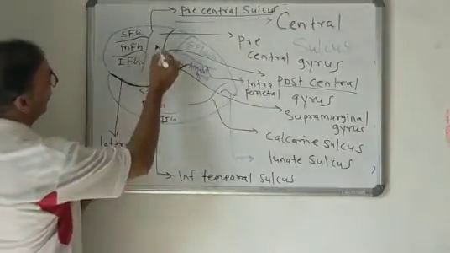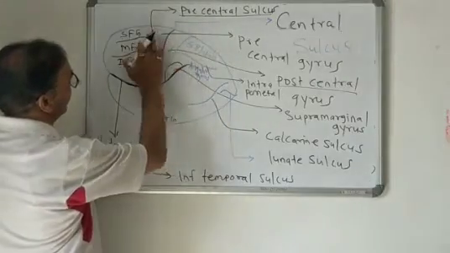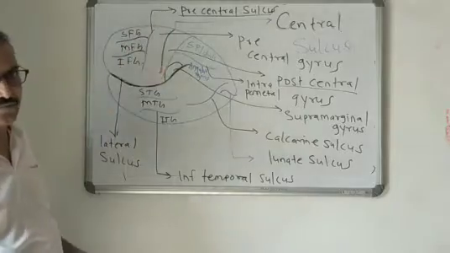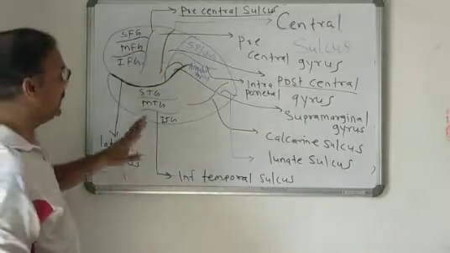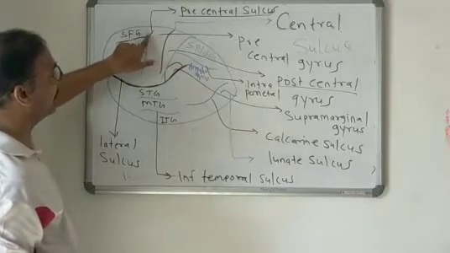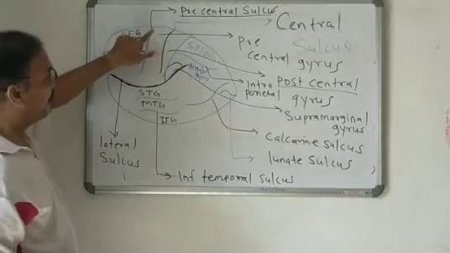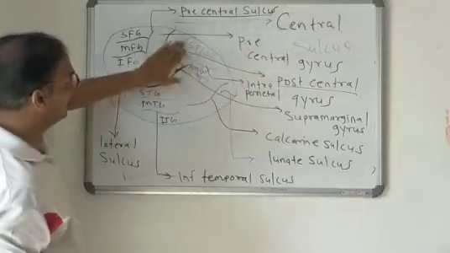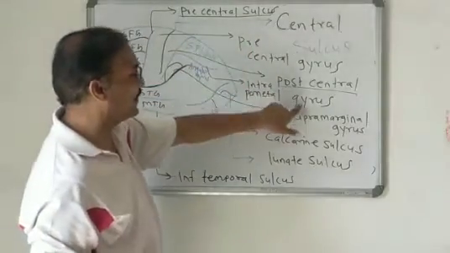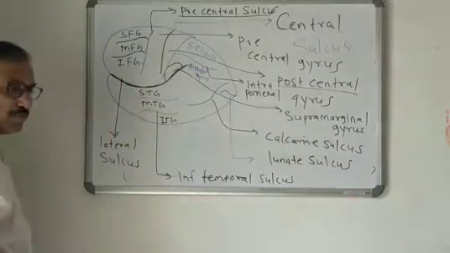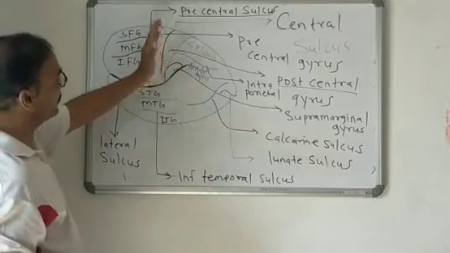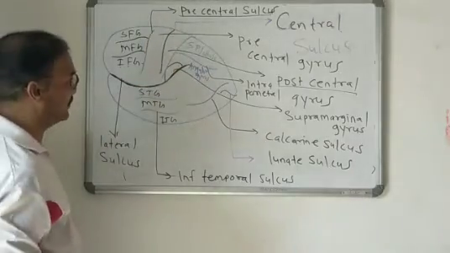Now exactly in front of the central sulcus, the area present is called the precentral gyrus. Where is it present? The precentral gyrus is present between the central sulcus and the precentral sulcus. Now just behind the central sulcus, the gyrus present is called the post-central gyrus. It is the elevation present just behind the central sulcus.